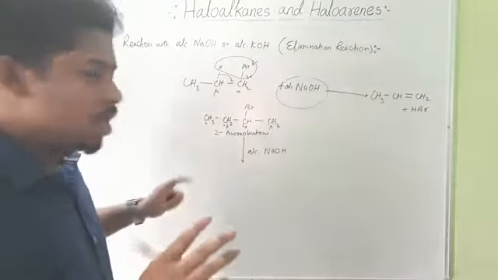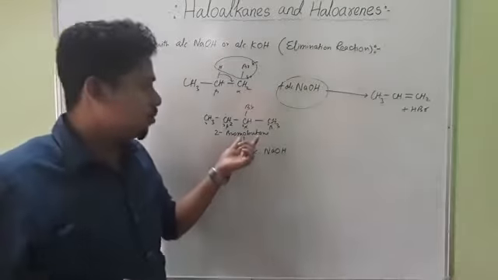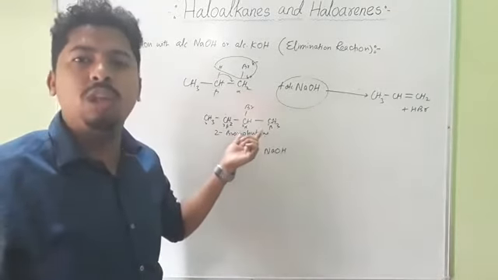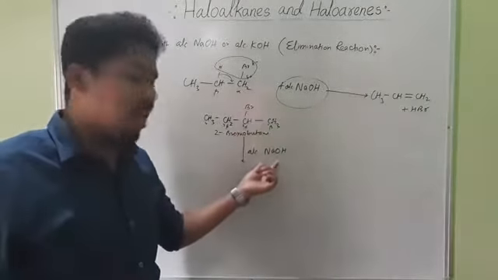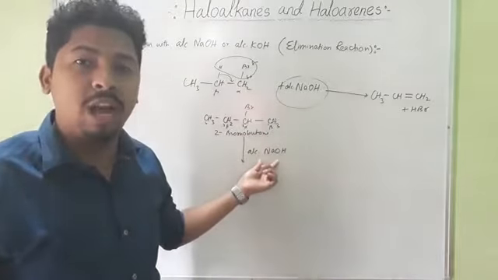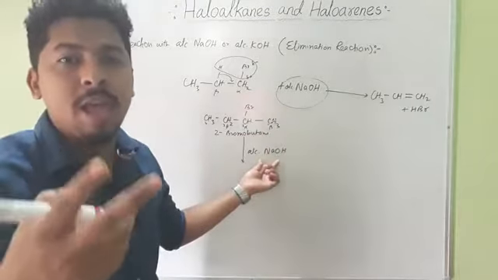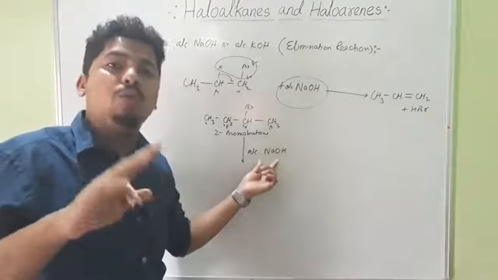So when such haloalkanes which contain more than one beta hydrogen are treated with alcoholic NaOH or KOH, we will get a mixture of products. And the major product will be the one which is more substituted.